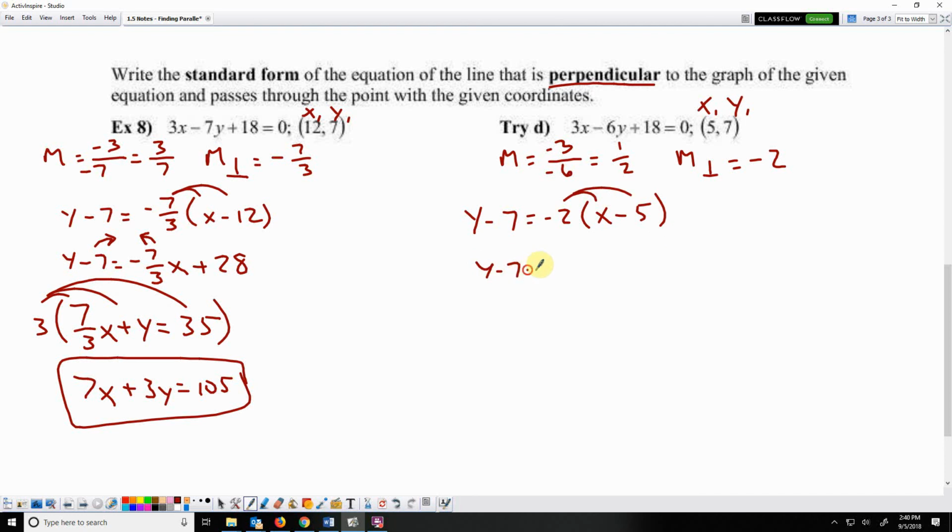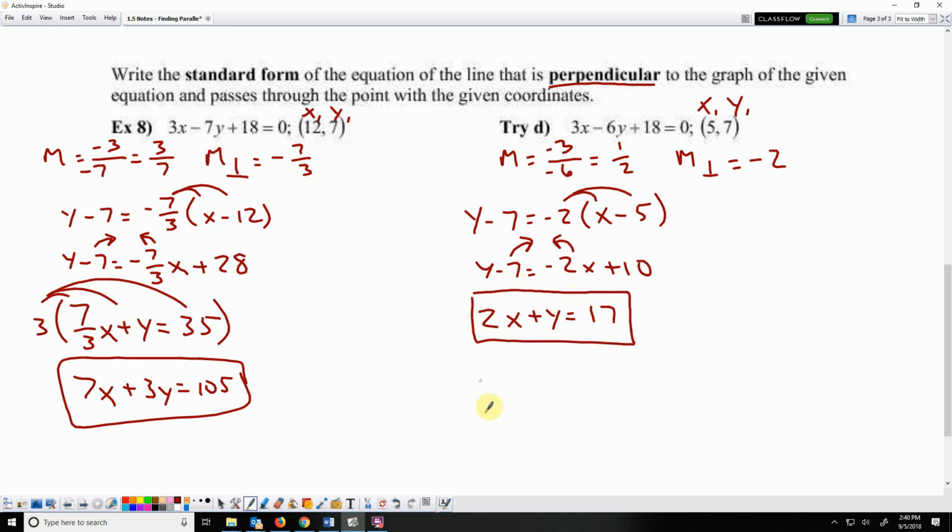So y minus 7 equals negative 2x plus 10. I've got to move the constant and that variable. 2x plus y equals 17. I have all integers. My lead coefficient is positive, so I can leave that just as it is.